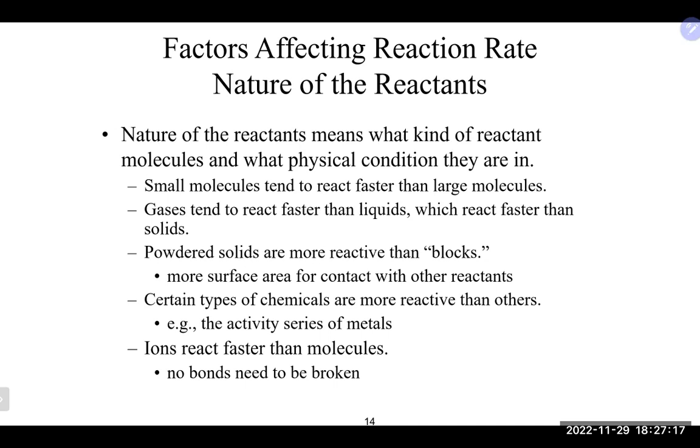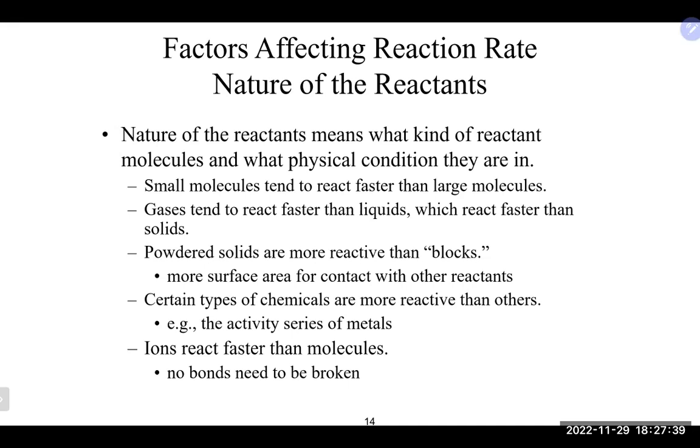That's the idea of energy. Gas molecules are constantly flying around and have a lot of energy, so they react pretty easily. Liquid molecules still have a good amount of energy as they move around each other. And when we get to solids, they lack a lot of energy, so they tend to react a lot slower. But solids do react.